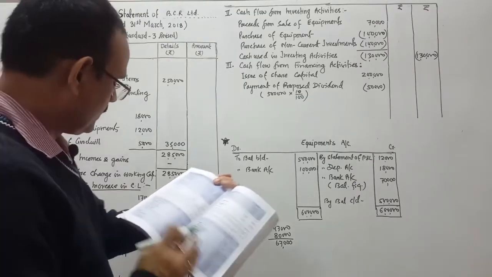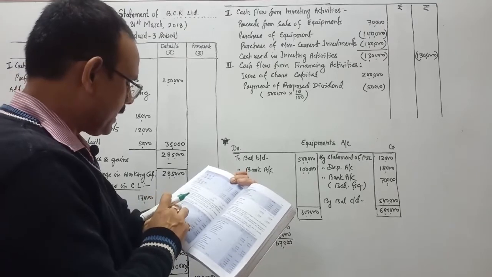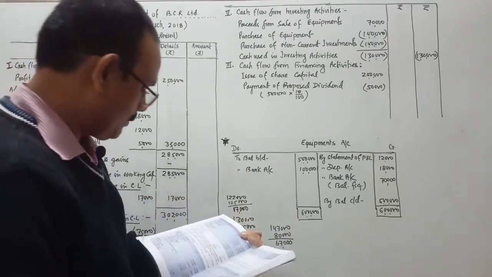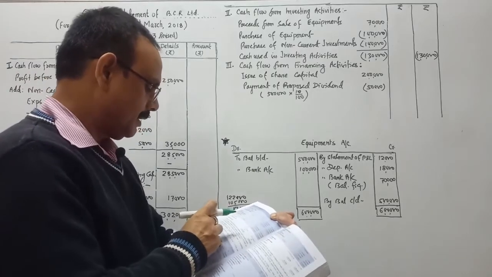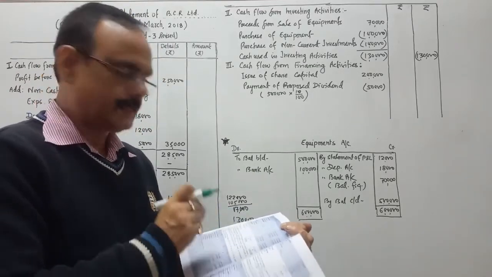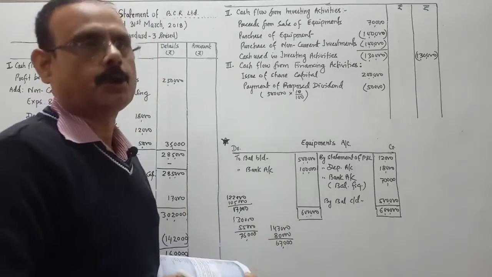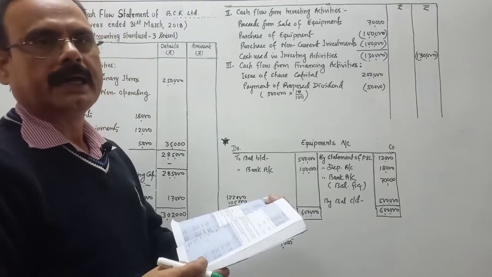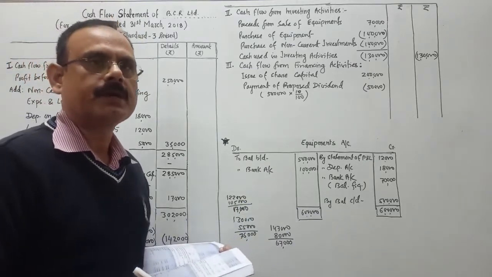Now you see in the equity and liability side, point number 2, long-term borrowing. Number 1 is shareholders fund, number 2 is non-current liability. Under non-current liability, long-term borrowings. Previous year long-term borrowings was 1 lakh and this year it is 50,000. What does it indicate?